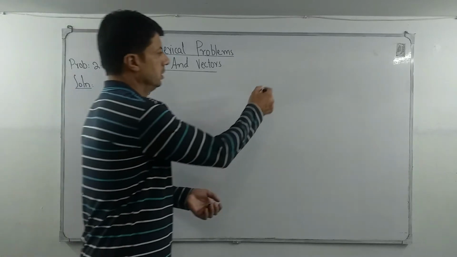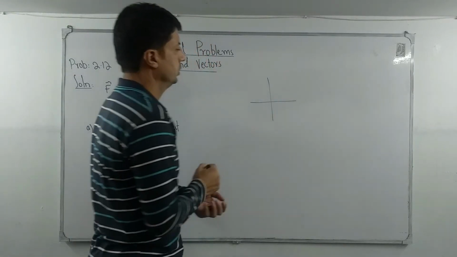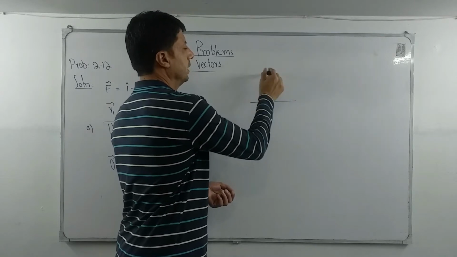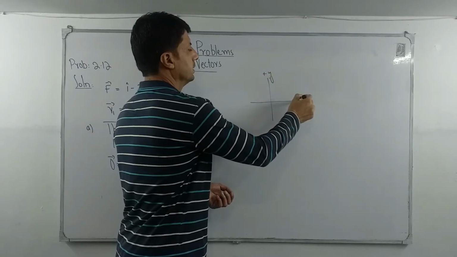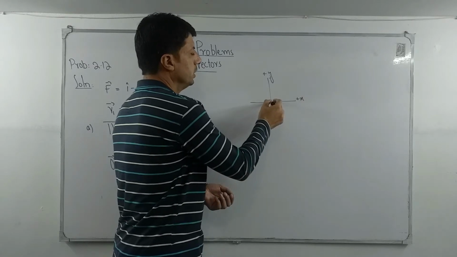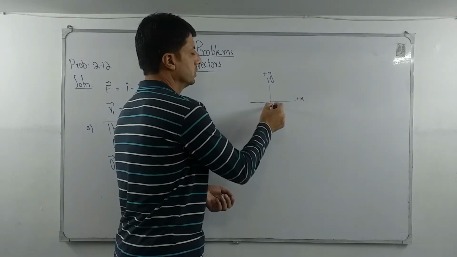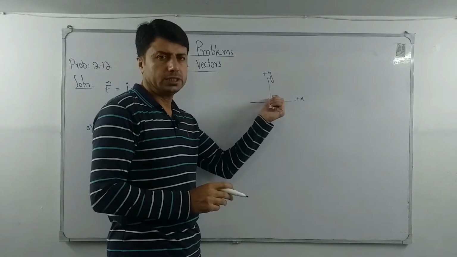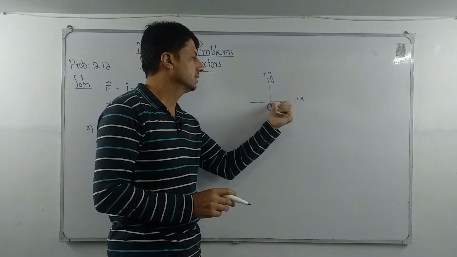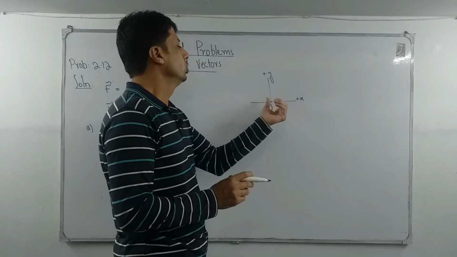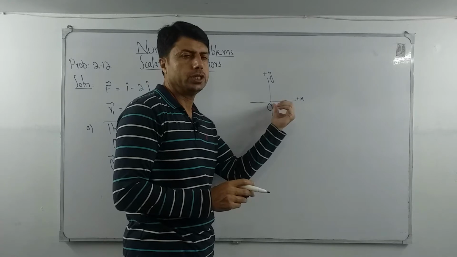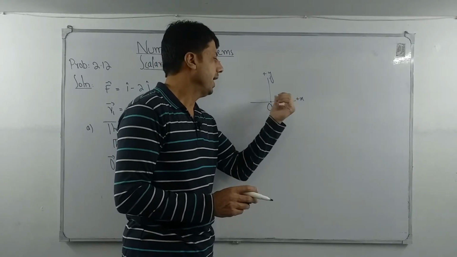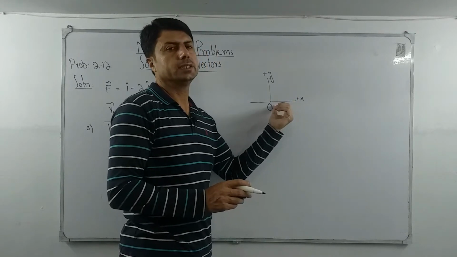Okay, this is the cardinal axis, with plus y and plus x, and this point is called the origin, where the y-axis is 0 and the x-axis is also 0. So we can write the vector for this point as 0i plus 0j plus 0k, meaning the x, y, and z coordinates are all 0.